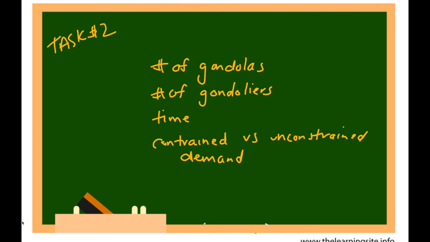I'm not sure whether that's year-round or seasonal. However, it's important to understand, are there any customers that we're turning away? Or in other words, are we displacing any guests? That would be an example of constrained demand. Are there guests that want to come and enjoy the ride but are unable to because we have fixed capacity and it's always full, so we're turning them away?